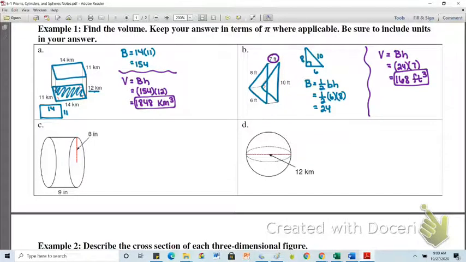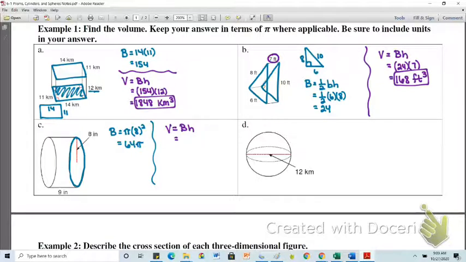Okay, next we're going to move on to the cylinder. So here is my base shape. My base area is pi r squared. So that is 8 squared in this case. 8 squared is 64, and I bring pi along. Next, we're going to move on to volume. So volume equals capital BH.